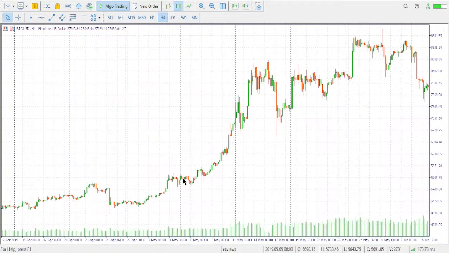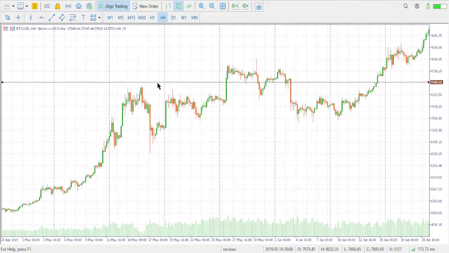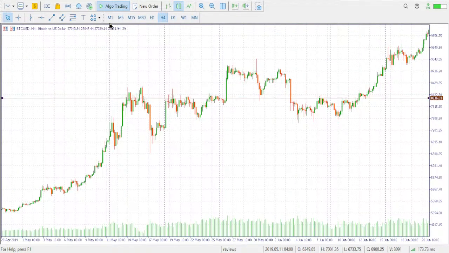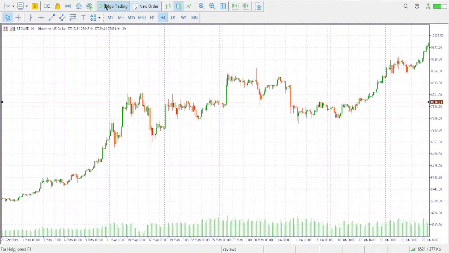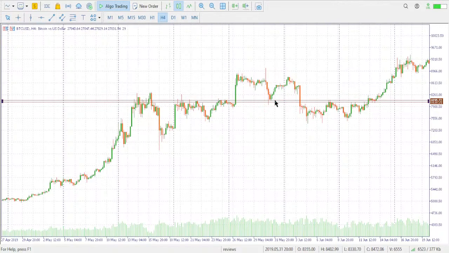So I believe that should bring us to the end of today's analysis. There is another good example here. This is another example. We have a resistance, a resistance, a resistance, a breakout, a retracement, then you pick a buy.